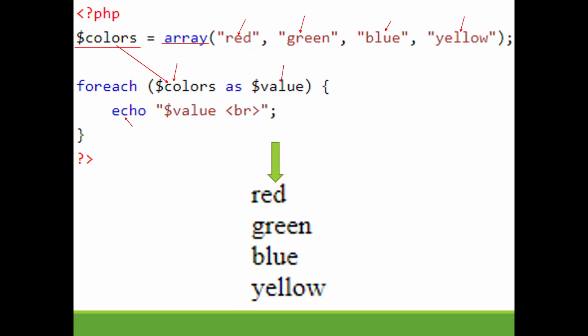We just want to echo the variable value and a break. That is going to print in the first loop red, in the second loop green, on a new line, then blue, then yellow. This is going to be the output of this particular code.